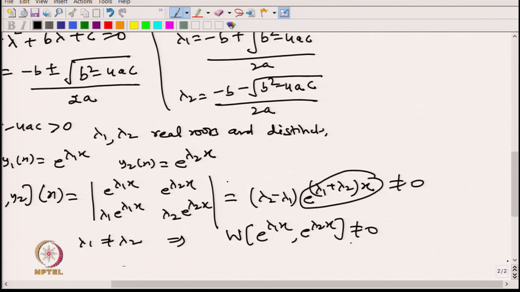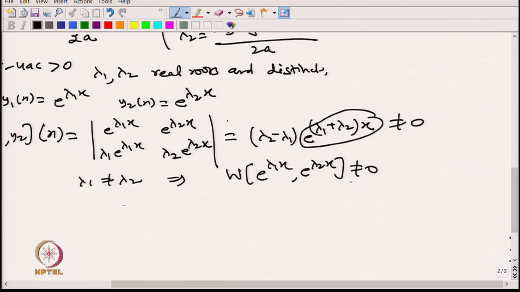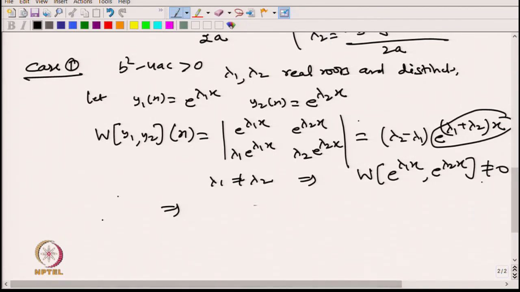So, if the Wronskian is never 0 for all values of x, the solutions y1(x) and y2(x) are linearly independent.